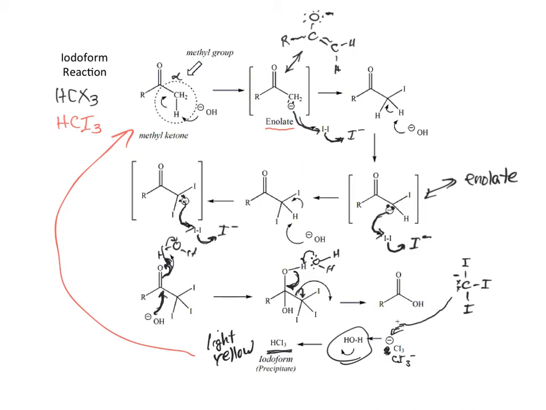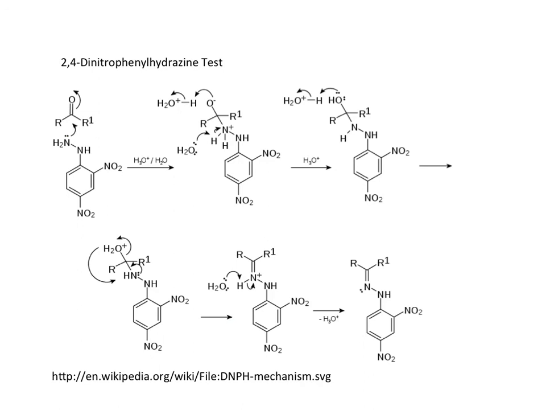Okay? So we'll move on to the next reaction. Our next reaction is based around an amine acting as a nucleophile to attack the carbonyl of any aldehyde or ketone, right?